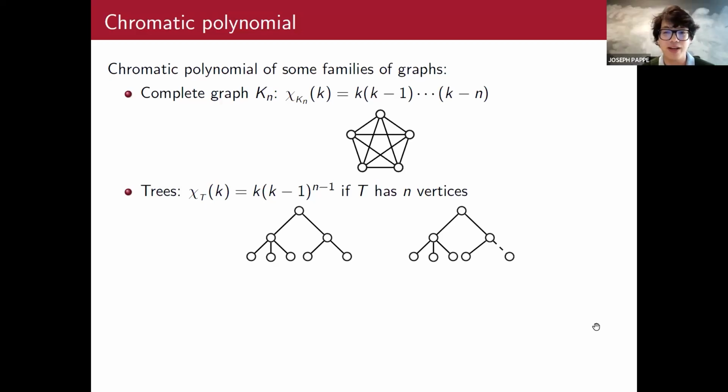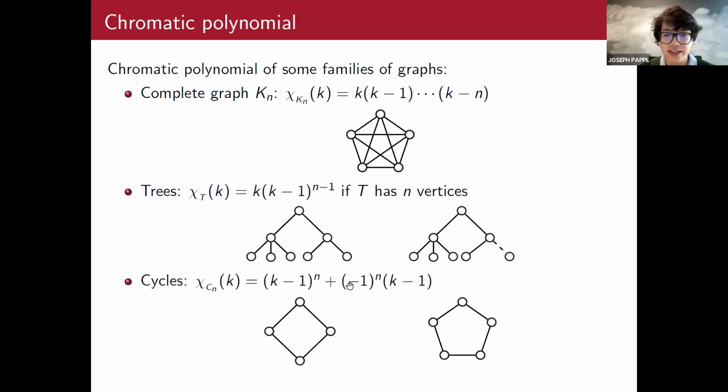And this can be proven the same way by peeling off leaves of your tree in the induction. And then we also have cycles, and this minus 1 to the n is coming from the fact that even cycles and odd cycles have different behavior.